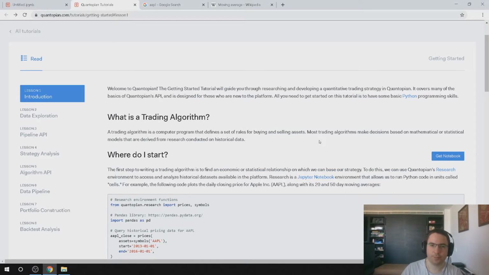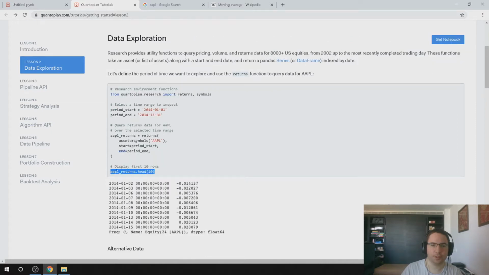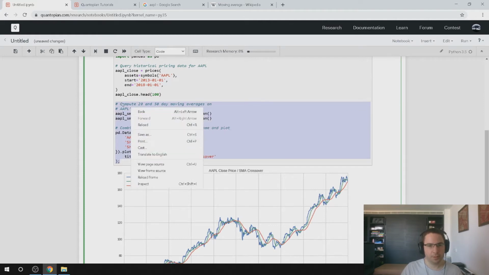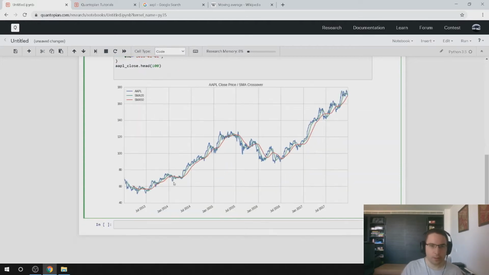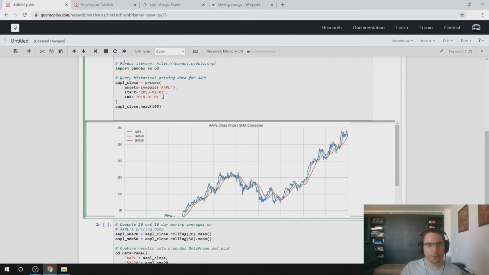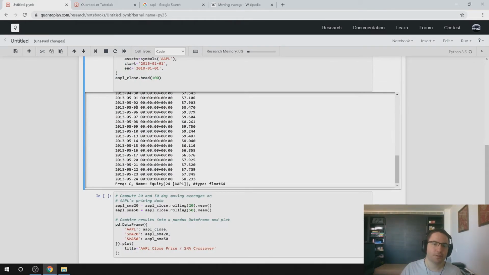What is a trading algorithm? They return a pandas data frame. Oh, so I can try this thing, can't I? Right, what I'm going to do is move this stuff to a separate cell. And now when I run this, there it is. So the head is starting at 2013, ascending, going down.